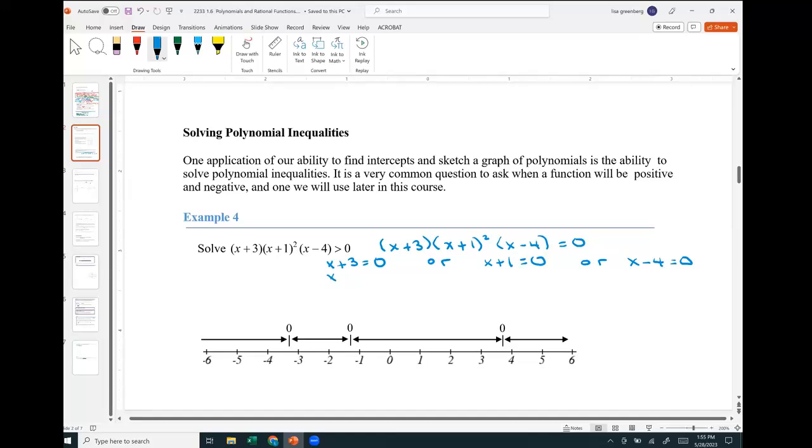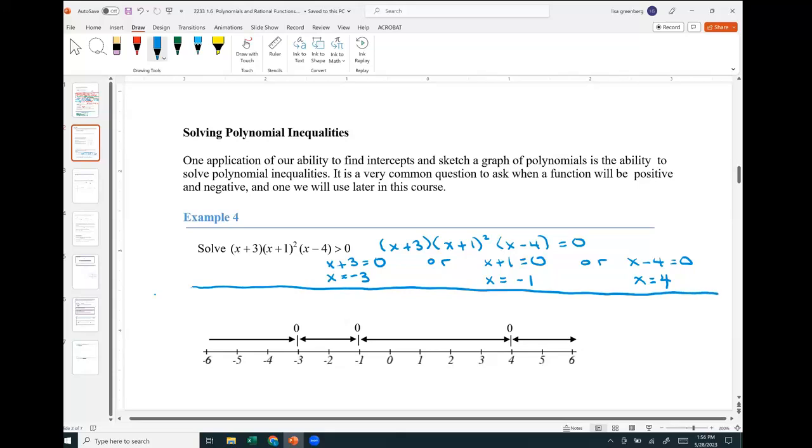So here we get x equals negative 3, x equals negative 1, and x equals positive 4. Okay? And the easy way to do it, and I know that there's people who do it differently.